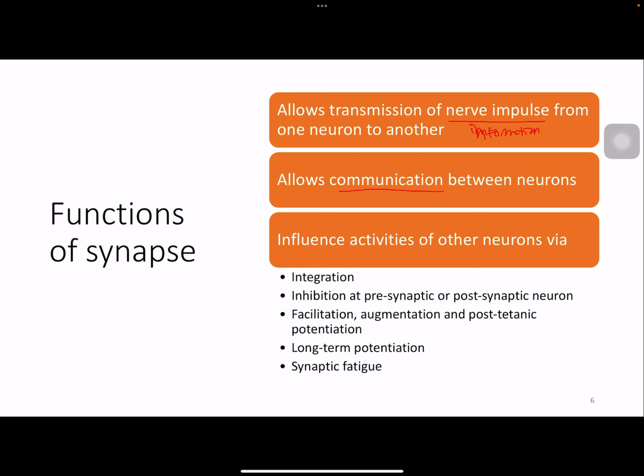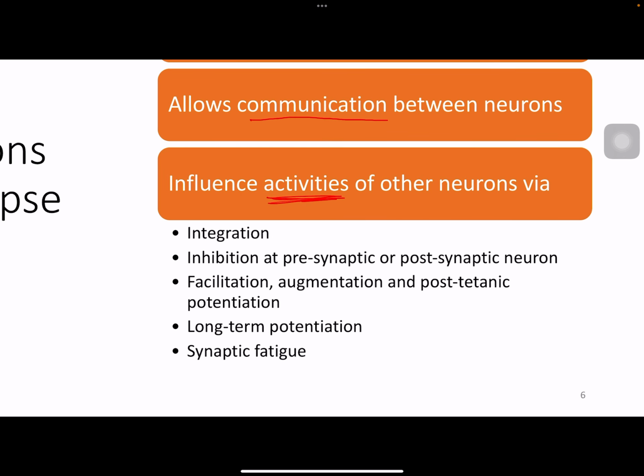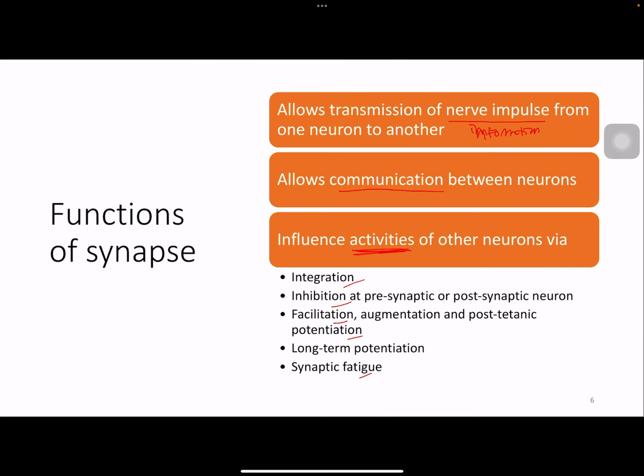It has a much bigger role than that, in which it can influence the activity of other neurons. For example, there is integration going on. It can also inhibit the other neuron, and depending on the amount of information or the amount of action potential going on, there are several phenomena that can occur. For example, facilitation, potentiation, and also synaptic fatigue.